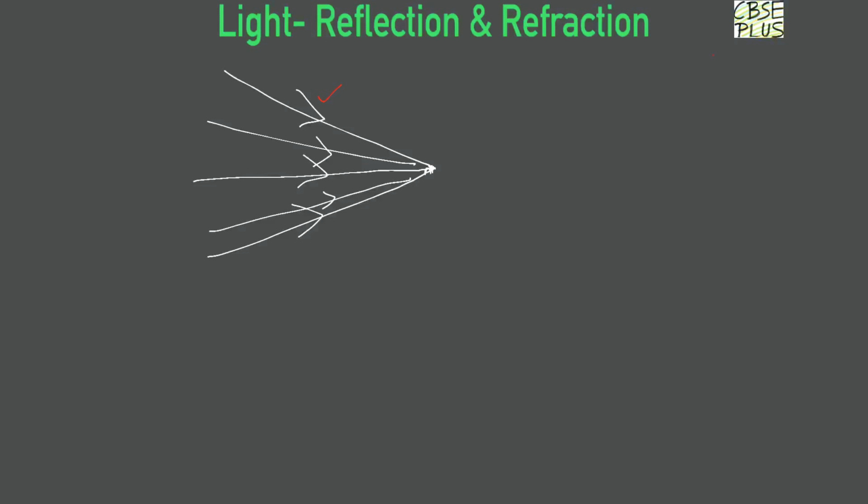Then we have divergent pencil. Divergent pencils are a bunch of rays which originate from a point. You can see with the help of the arrowhead. So it diverges from a point. And then we have parallel pencils. In parallel pencils, there are rays moving just parallel to each other, and they're not meeting.